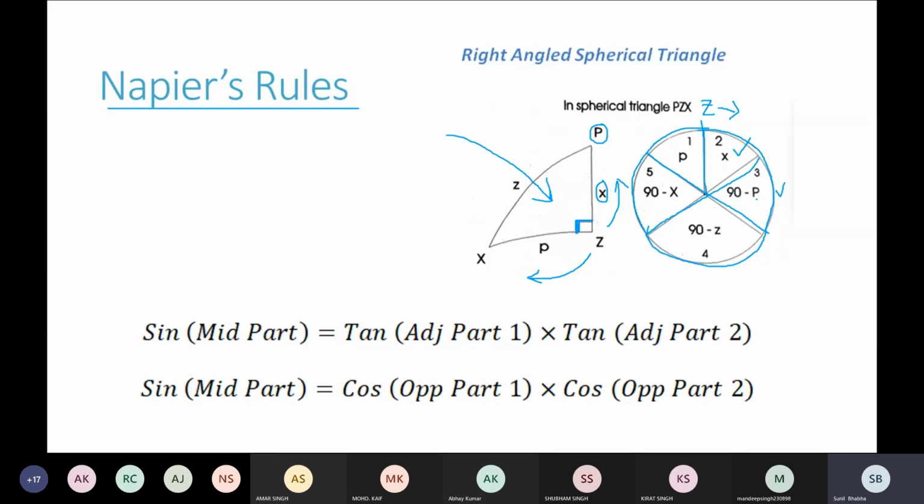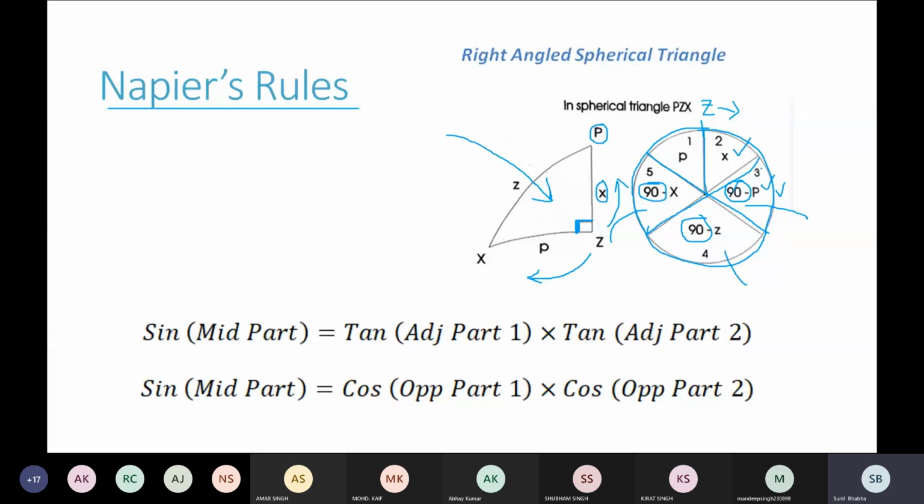Now in the bottom 3 parts, that is this one, and this one, you see we write 90 minus, 90 minus, 90 minus. And whatever part is filled up, it comes after this value. After 90 minus, we put the part of the triangle after this.